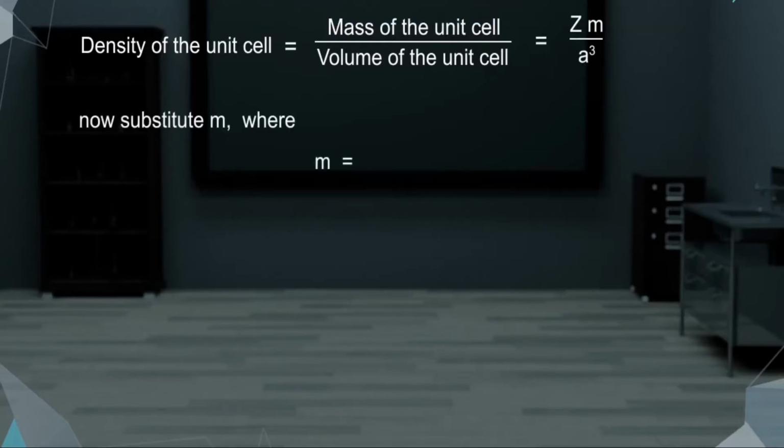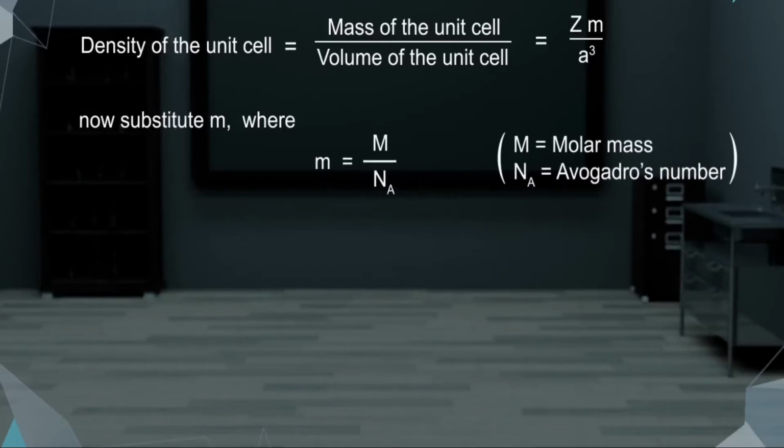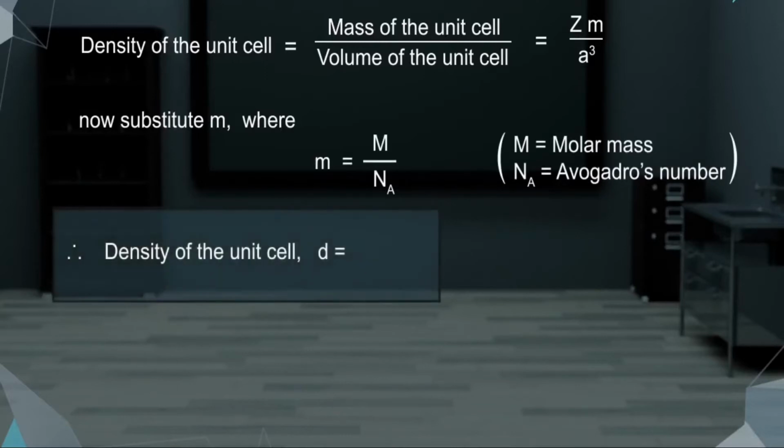Now substitute small m, where small m is equal to capital M by Avogadro number. Now the density of the unit cell, small d, is equal to Z multiplied by capital M divided by Avogadro number times a cube.